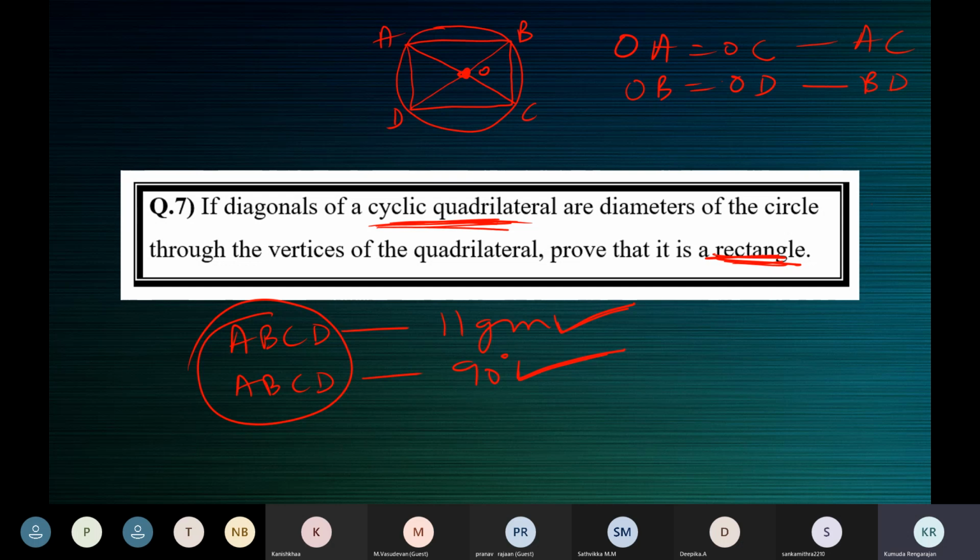For the circle, AC is the diameter with O the midpoint, meaning O is the center. For the circle, BD is a diameter, and O is the center of the circle. So O is the center of both AC and BD, which we get from the circle using the properties of a circle.